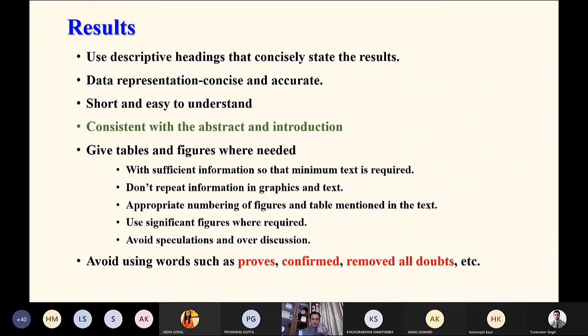Anyone who can put some light? No one. Okay.